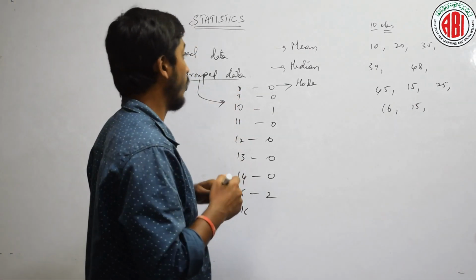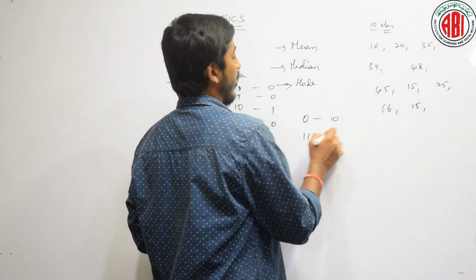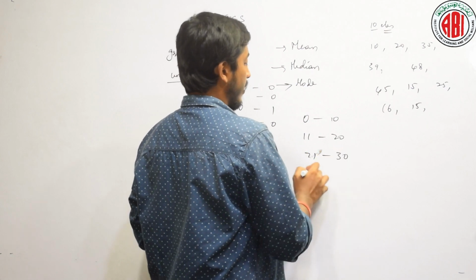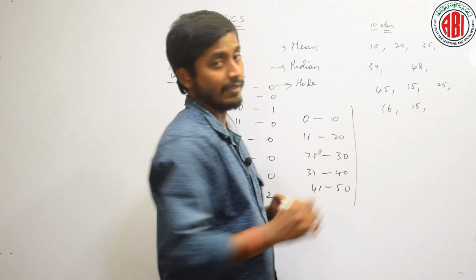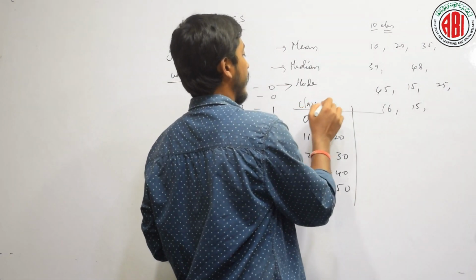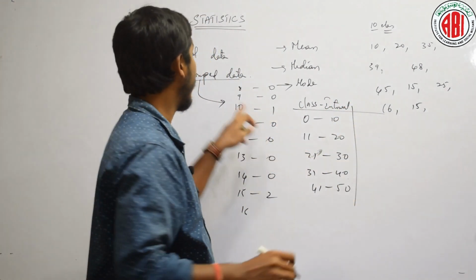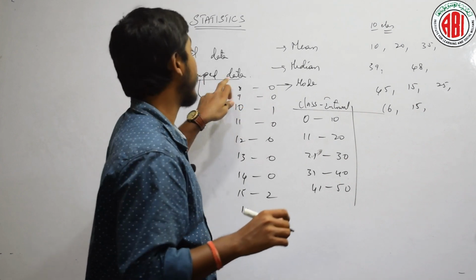If I want to group, I will segregate everything into 0 to 10, 11 to 20, 21 to 30, 31 to 40, 41 to 50. This is a class, I will call it a class interval, right. Earlier there was a single number, no range, that is why I called it a class mark.